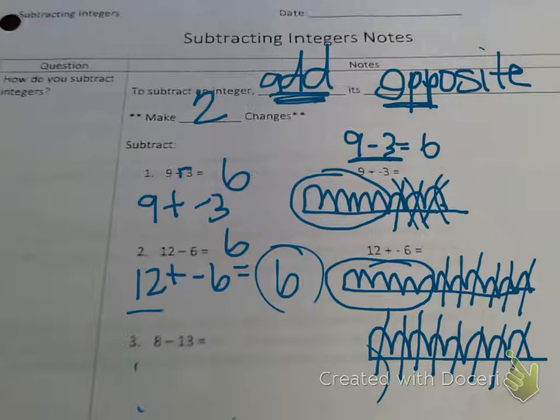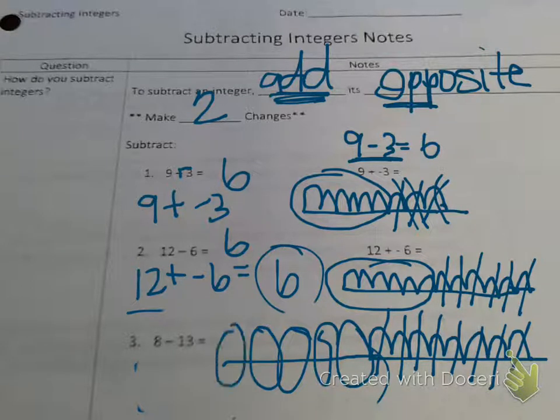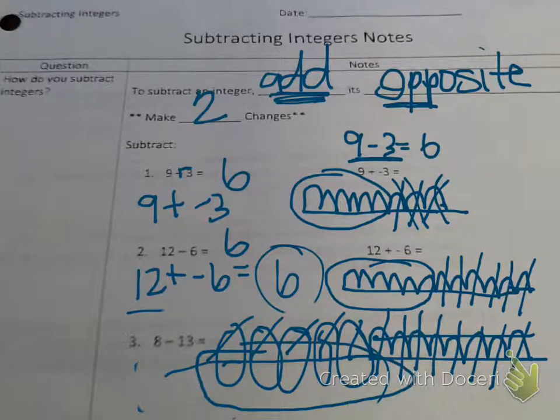In order to take away some more, I add zeros, because if I add 0 pairs, I haven't changed my numbers at all. And so here I took away 8, 9, 10, 11, 12, 13. What I have left is negative 5. So down here you can see that I have negative 5 left over, which is my answer.